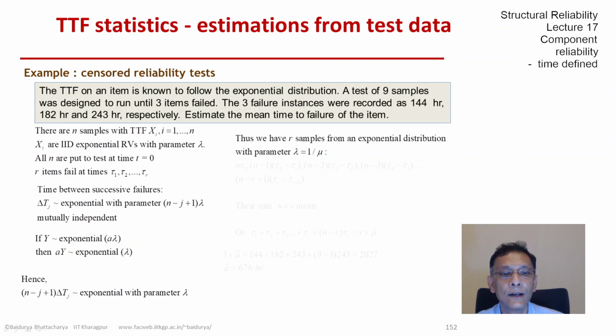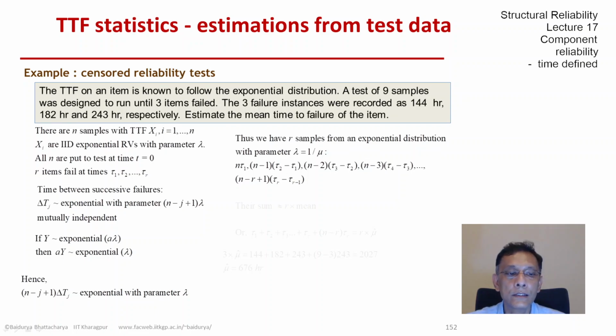So then we can have our samples from an exponential distribution with the same parameter lambda. Lambda is 1 by mean. So what are these r samples? The r samples are n times tau 1, n minus 1 times tau 2 minus tau 1. All these differences are basically the time between failures. So delta t is the time between successive failures.